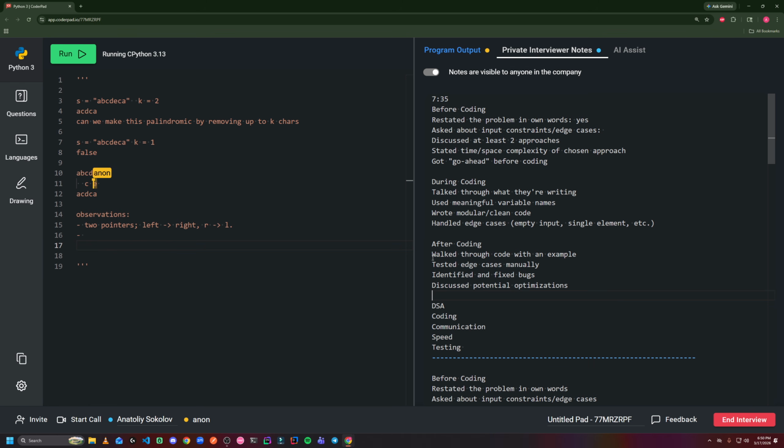You're going to run into a bunch of choices of keeping one or the other, and because K can be up to the length of the string, you'll have a lot of choices. This is going to get out of hand very quickly.